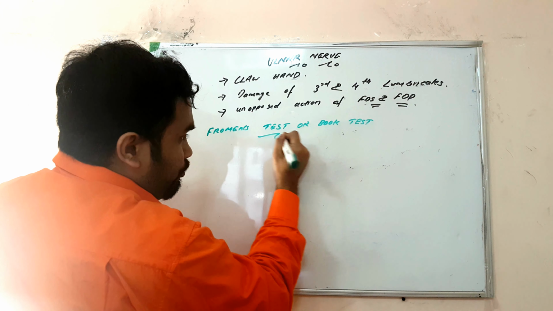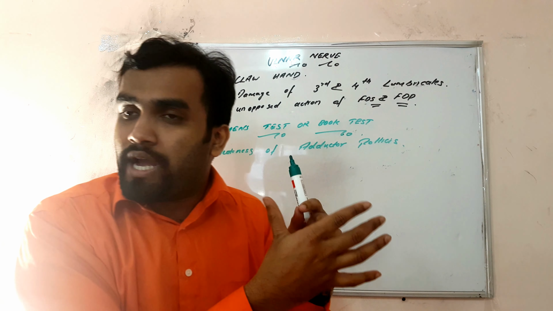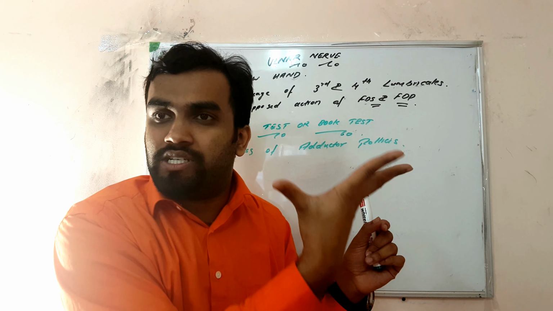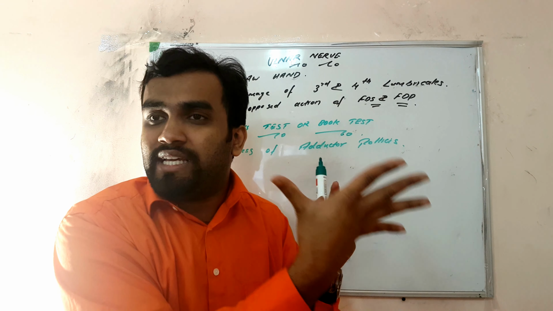So when you give the patient a book to read, he can't turn the page because his pollex finger is already in an adducted position, right? Because the ulnar nerve injury affects the adductor pollicis muscle. Sorry, the patient can't adduct the pollex finger. Okay, so it is in a forced position. So he can't turn the page.